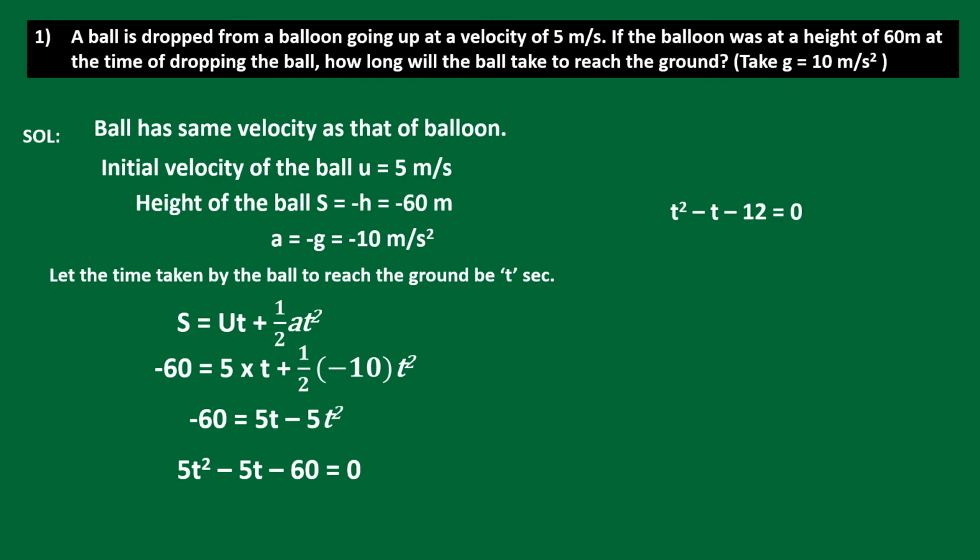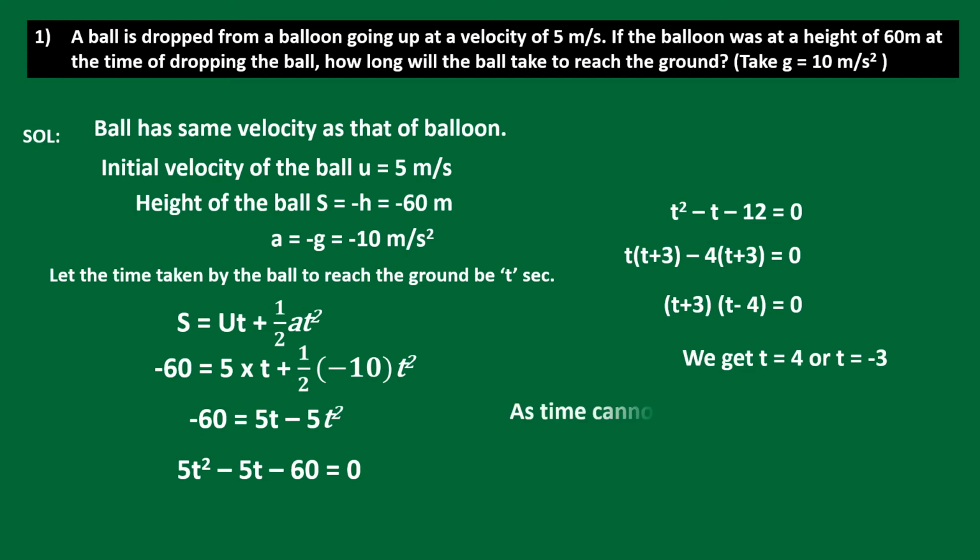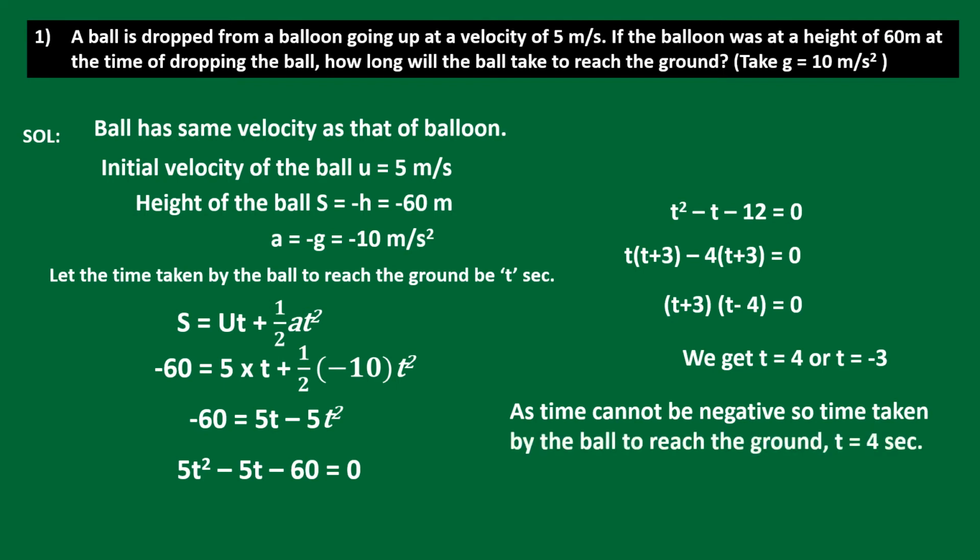Now we need to factorize this equation in order to get the value of t. t into t plus 3 minus 4 into t plus 3 is equal to 0. t plus 3 into t minus 4 is equal to 0. We get t is equal to 4 or t is equal to minus 3. As time cannot be negative, the time taken by the ball to reach the ground, t, is equal to 4 seconds. In this way, we can solve this problem.